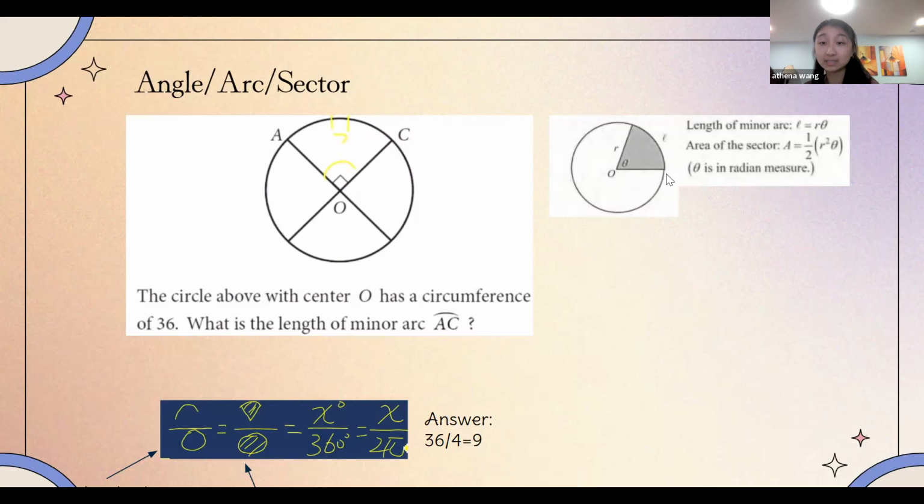So that is the length of this minor arc. The area of the sector is also just 1/2 times the radius squared times the theta in radians. Okay? So those are also some important formulas, but you can also derive them by just knowing the conversion between degrees and radians.